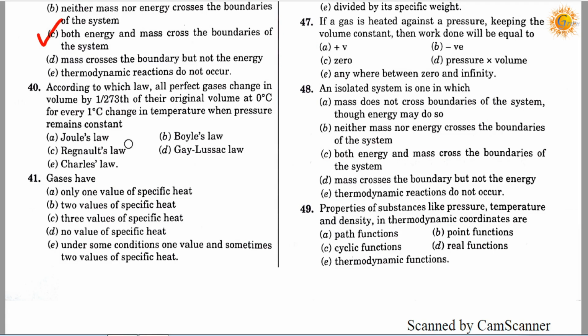Option A, Joule's law. Option B, Boyle's law. Option C, Reynolds law. Option D, Gay-Lussac law. Option E, Charles law. Correct answer is E. It will be Charles law.